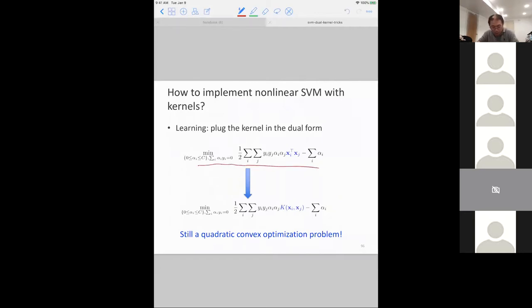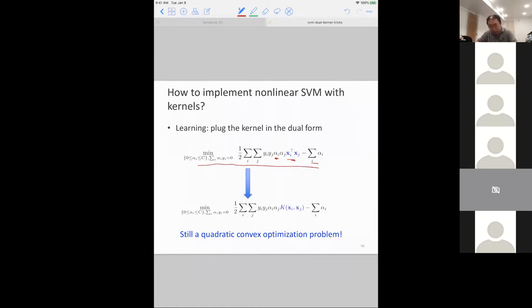It's a minimization with respect to alpha i's. Alpha i's are the Lagrange multipliers for the functional margin constraints. So the objective is a quadratic function with respect to alpha values. It's a double summation of yi, yj, alpha i, alpha j, and the inner product between every pair of input i and input j, subtracted by the summation of these alpha values.